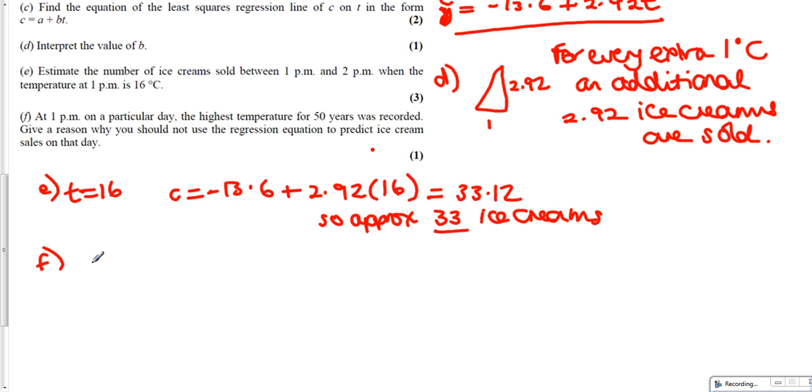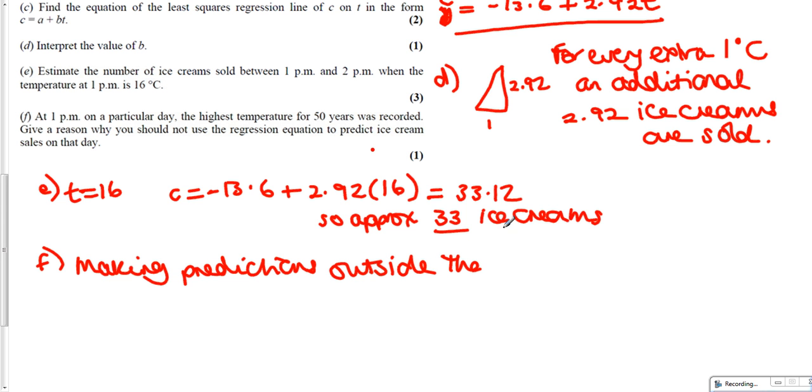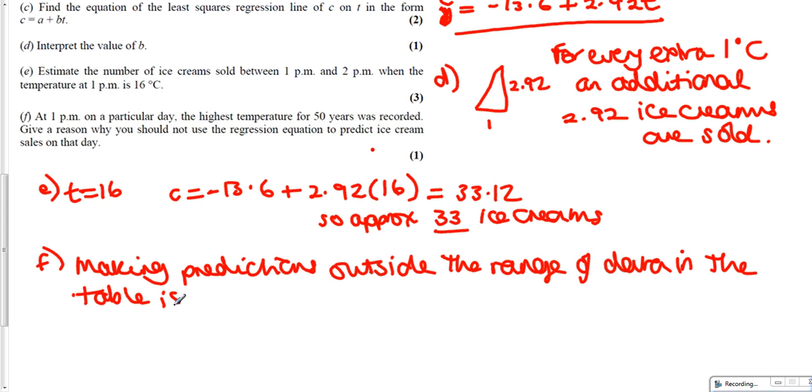So we would say making predictions outside the range of data in the question or in the table is unreliable.